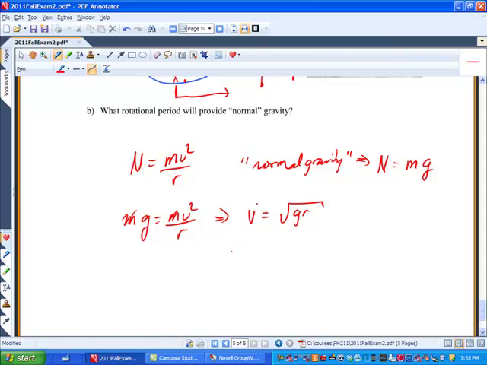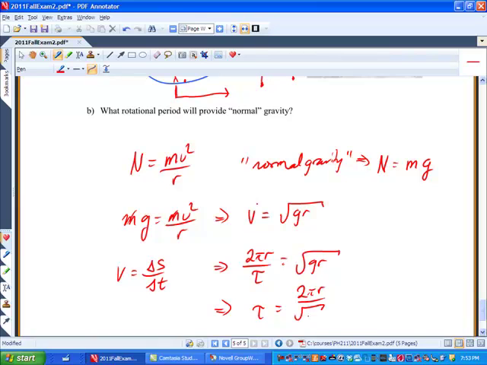Now, the question's asking us what rotational period will give this to us. Well, we remember that velocity is a change in distance with respect to time. In this case, we're going a circumference every period. That has to equal the square root of gr. And if we were asked to find the period, that would give us 2 pi r divided by the square root of gr.